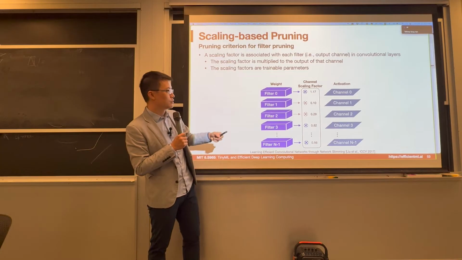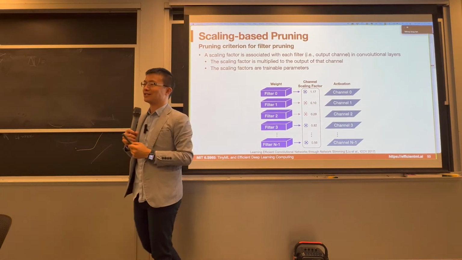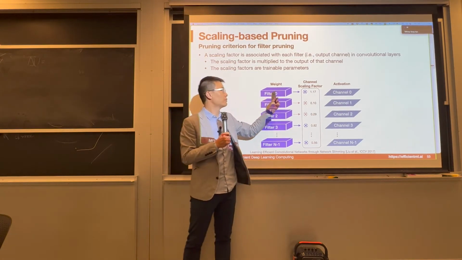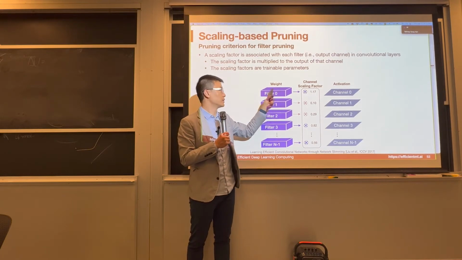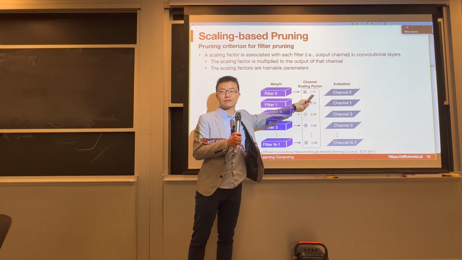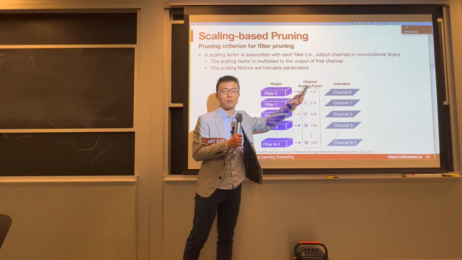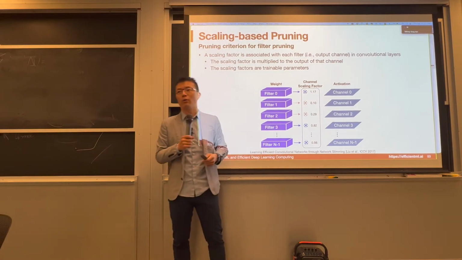So we introduce this channel scaling factor. Before doing convolution, you multiply every element in this filter by this scaling factor. In this case, the first filter will be multiplied with 1.17. The second filter will be multiplied with 0.1.